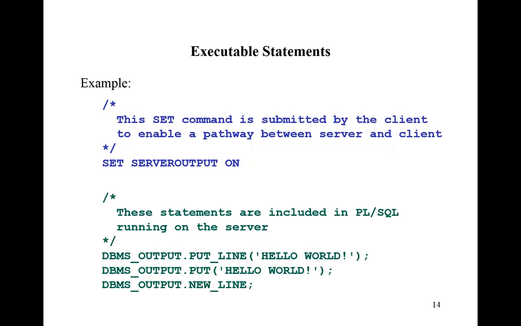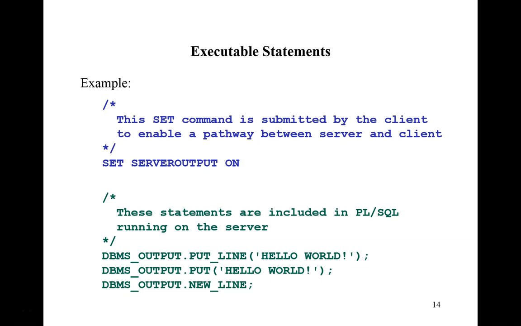Within the code that we send to the server, within the PLSQL block that we send to the server, we would include calls to DBMS output. Here we have an example that says DBMS output dot put line. Invoke the put line routine of the DBMS output package.